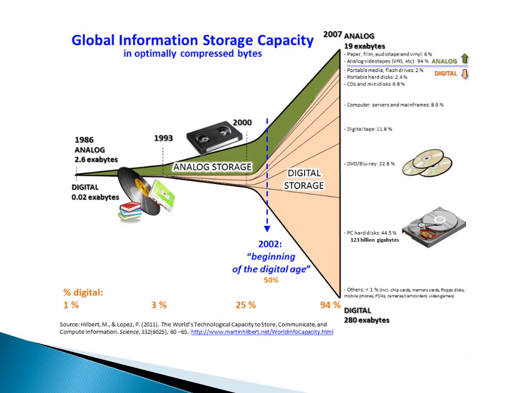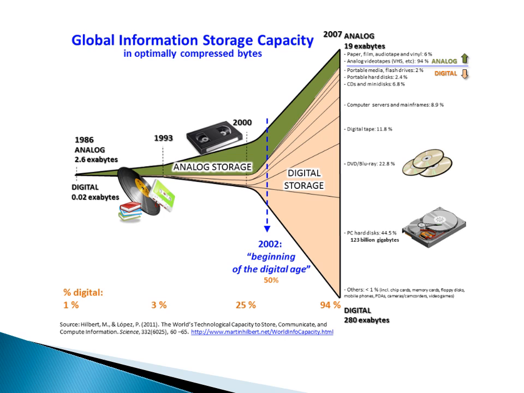I'd like to spend a little bit of time talking about this image that I had found from Hilbert and Lopez in 2011. This is really a fantastic graphic, and I think it's worth going through. When we look at the evolution of data over time, if we start all the way on the left-hand side in 1986, most of the data that we had was in an analog form.